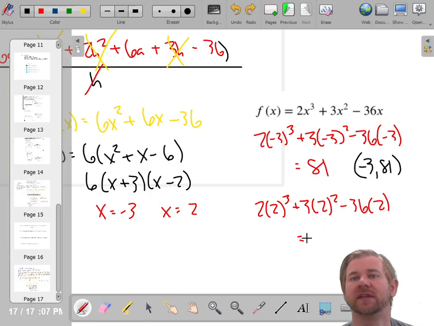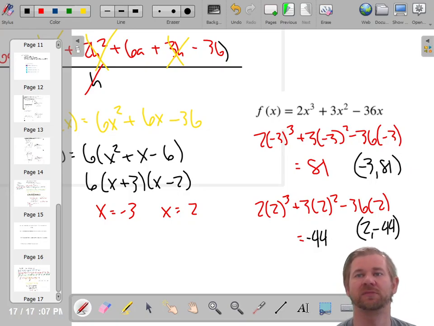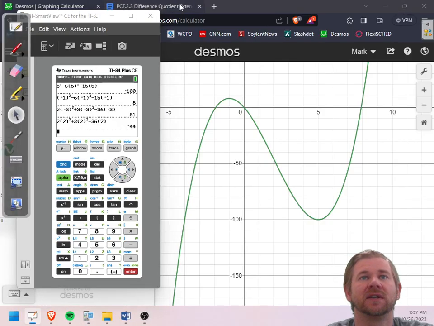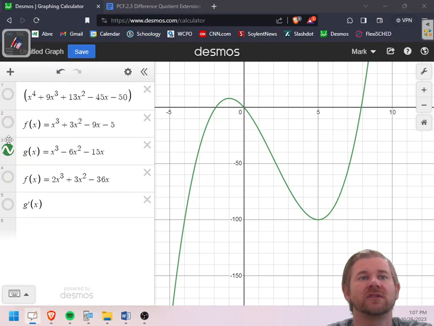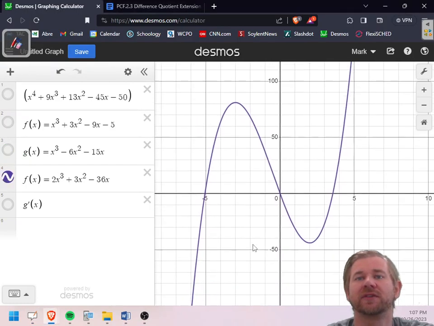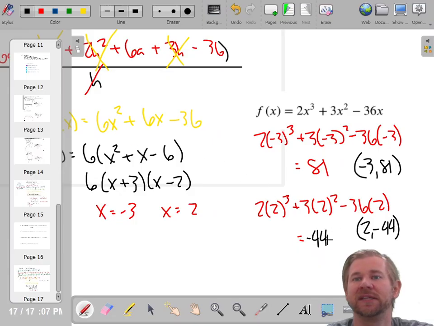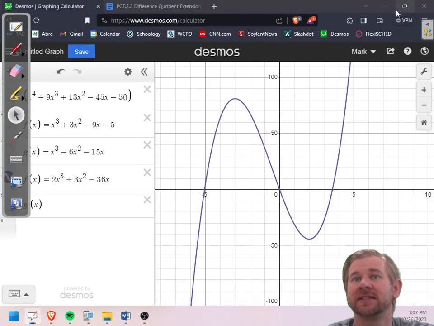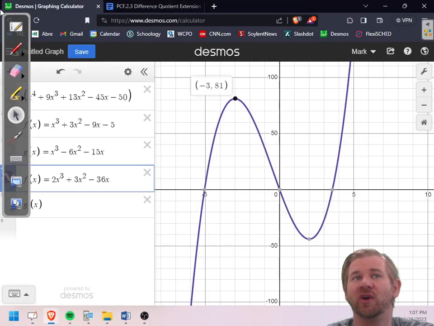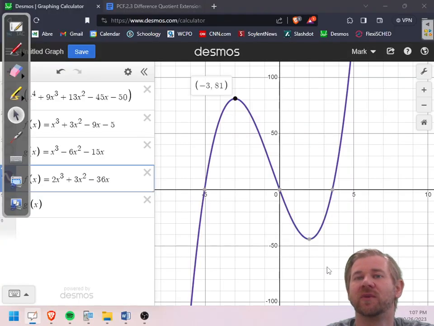So when you plugged in 2, you get negative 44. That means the other turnaround should be at 2, negative 44. Now, I have to graph this one. It's the 2x cubed, this guy right here. So let's see, where are the turnaround points? I said they should be at negative 3, 81, and the other one, 2, negative 44.